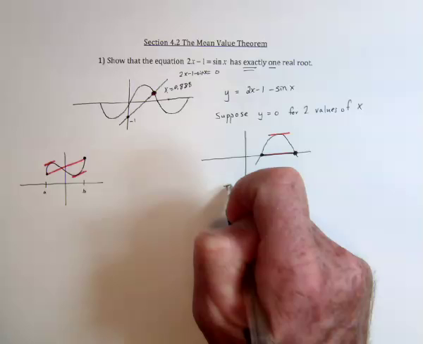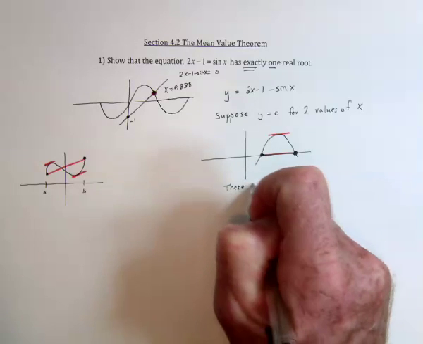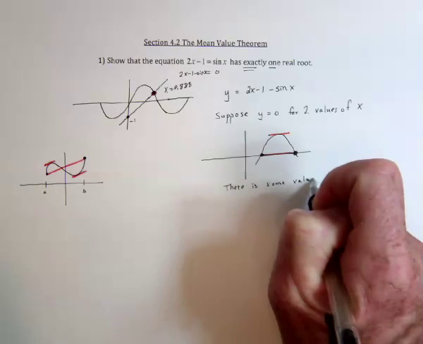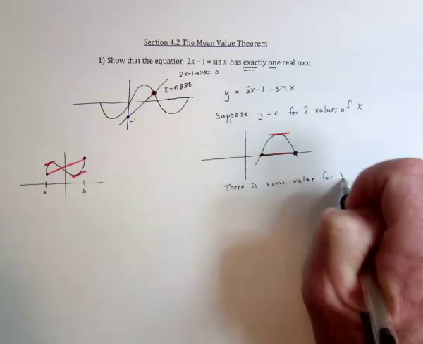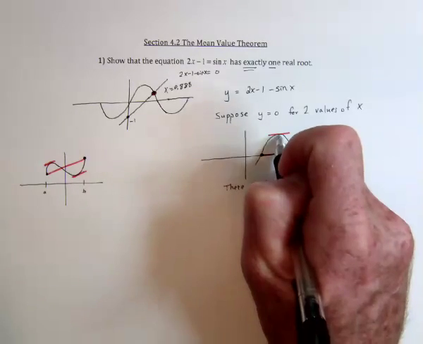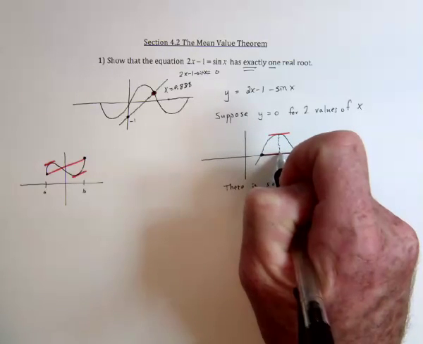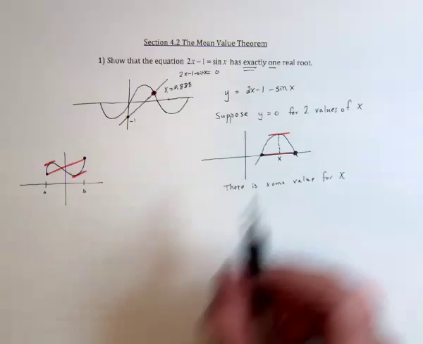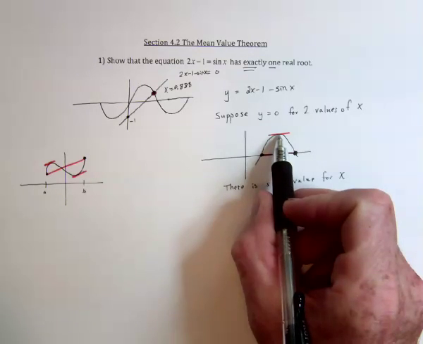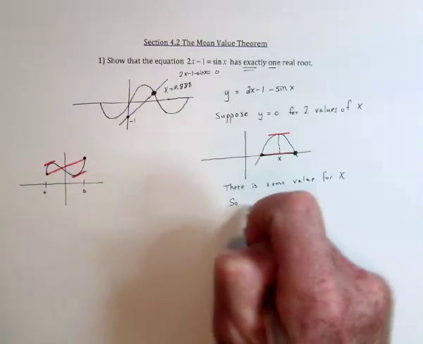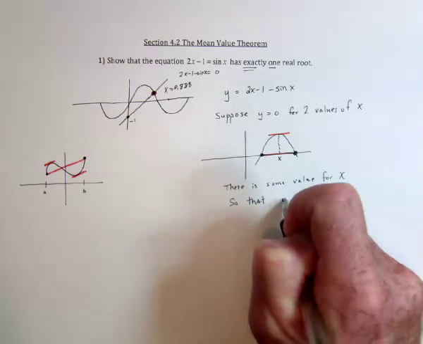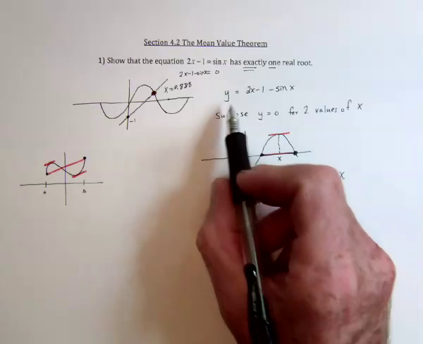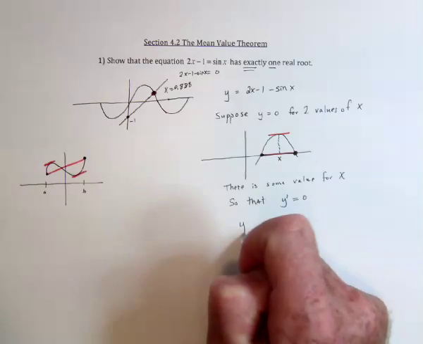So then there's going to be some value for x in between these other two where the derivative is equal to 0. Right there, the derivative would equal 0. So the slope is equal to 0.